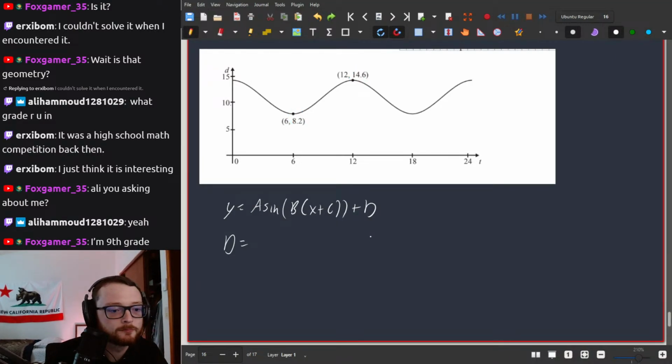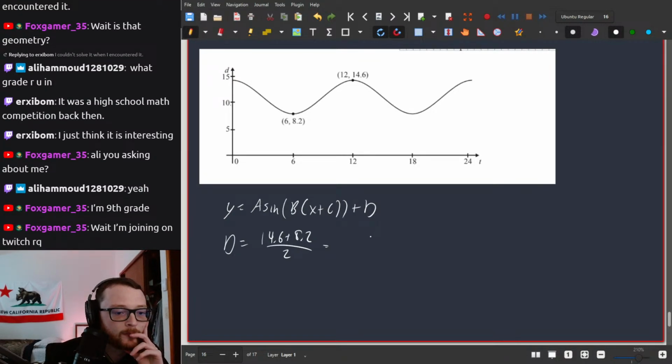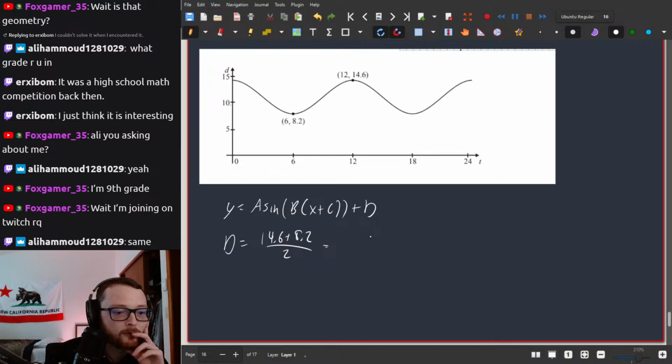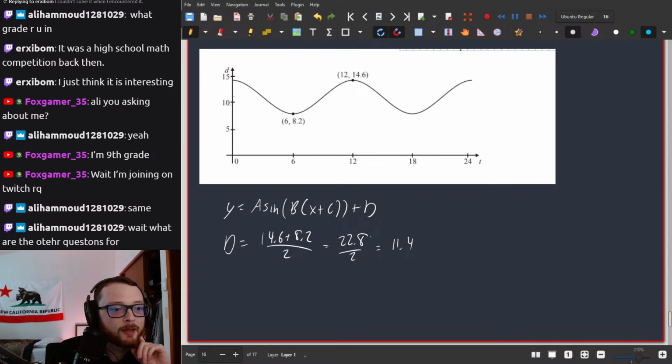So 14.6 plus 8.2 divided by 2. 22.8 over 2. 11.4. Okay. So D, our baseline, is 11.4.